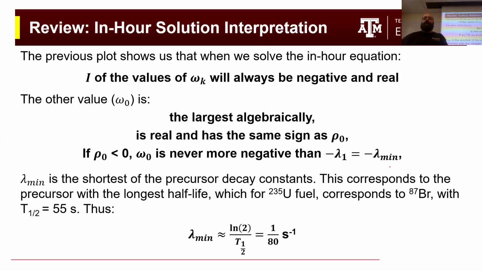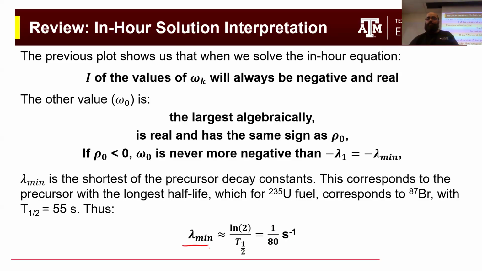time constant. That minimum time constant corresponds to the precursors that have the largest half-life, because the decay constant and the half-life are inversely proportional. And if the longest half-life is 55 seconds of the precursors that we care about, then the decay constant is ln of 2 over 55 seconds, which comes out to 1 over 80 seconds inverse.